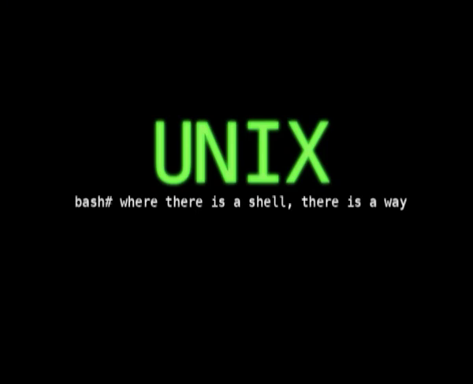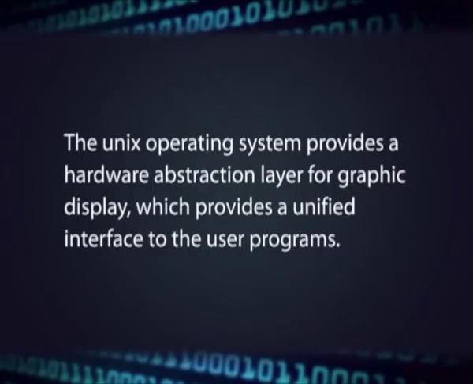Another example distinguishing mechanism and policy is taken from the display of the Unix operating system. The Unix operating system provides a hardware abstraction layer for graphic display, which provides a unified interface to the user programs. The layer encapsulates the hardware functionality so that the end user need not know any of the hardware details for the display.